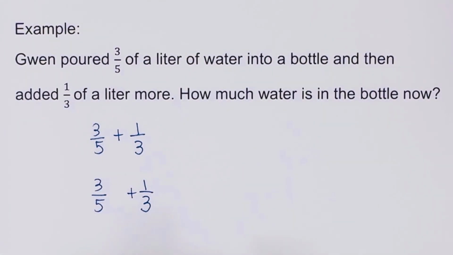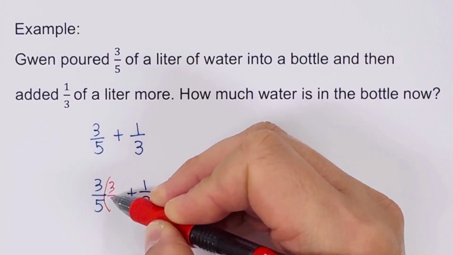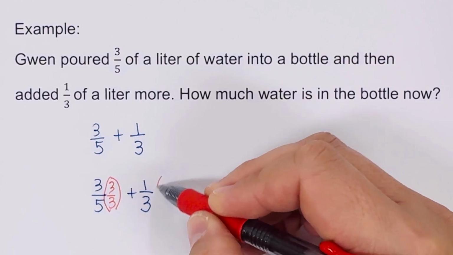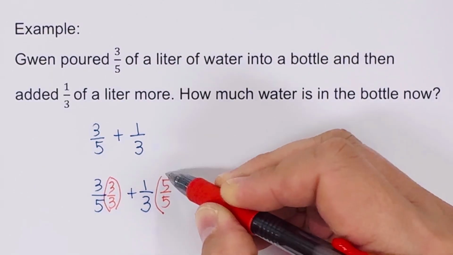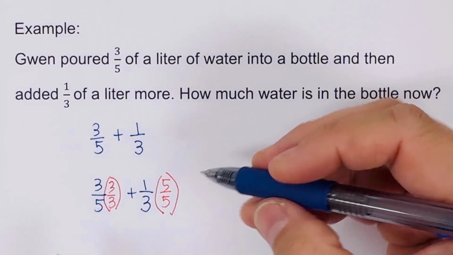So what we do here is multiply the first fraction with a 1 in the form of 3 over 3, which is actually the denominator of the second. And we will multiply the second fraction with a 1 in the form of 5 over 5. I got this number from here. So that we can go ahead and simplify this further.